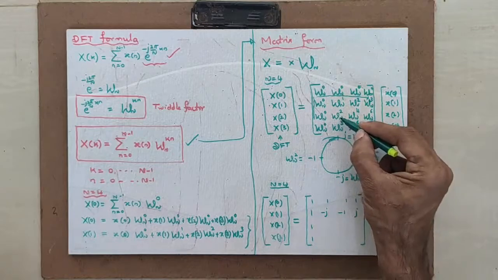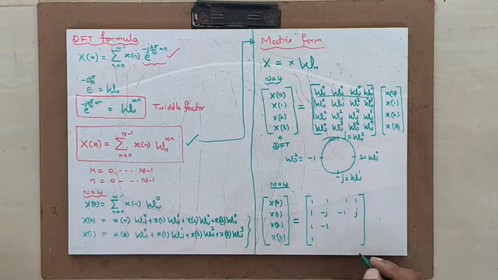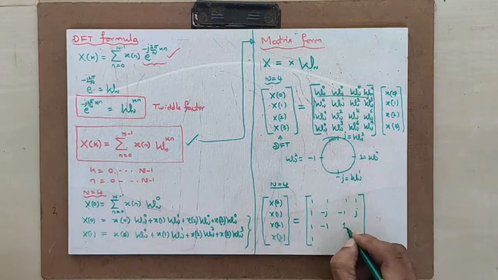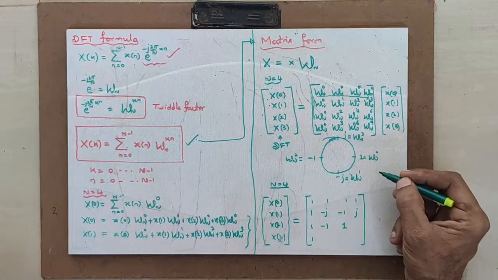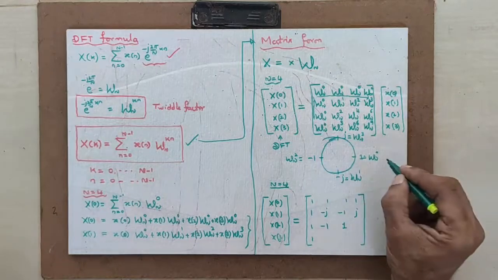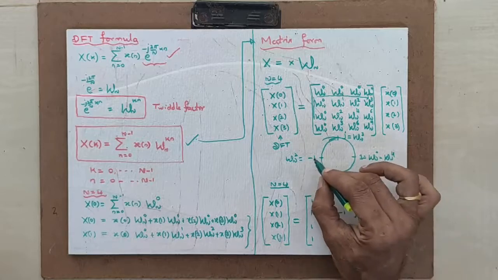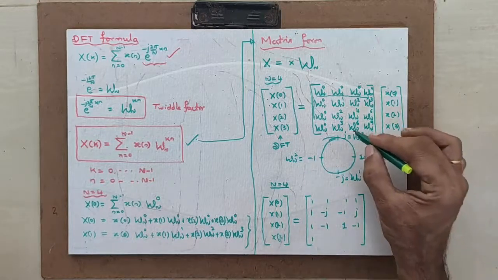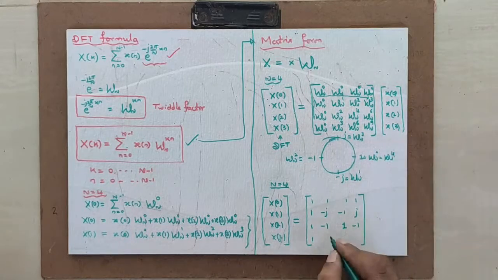Coming to this, Wn2 is minus 1. Wn4 is 1. Wn6 is what? As I have already told you in the twiddle factor concept, Wn0 means this, this is Wn4, this is Wn5, this is Wn6. Wn6 means minus 1. Similarly, now Wn3, what about Wn3? It is plus j.